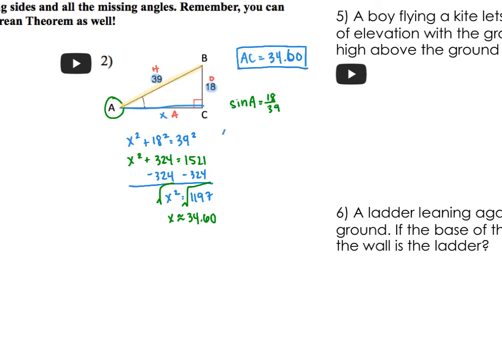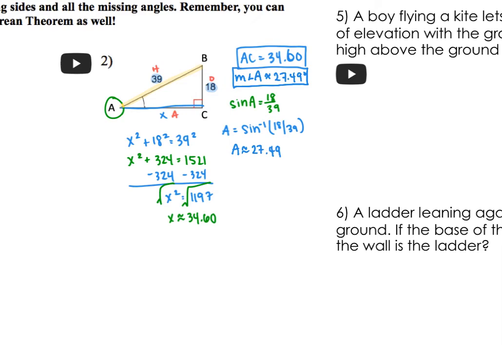Using inverse trig, it's going to be inverse sine 18 divided by 39. So second sine 18 divided by 39 gives you 27.49. So the measure of angle A is approximately 27.49 degrees.